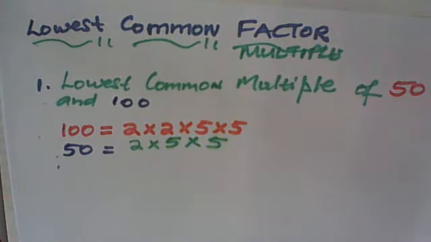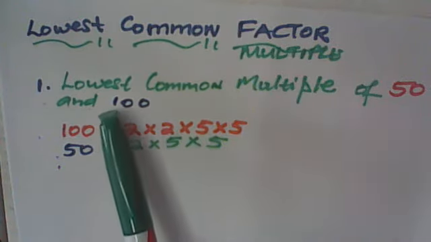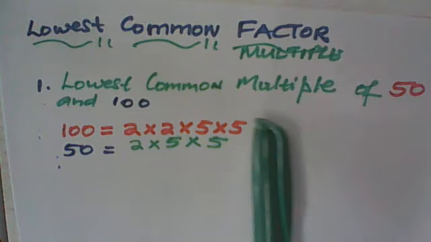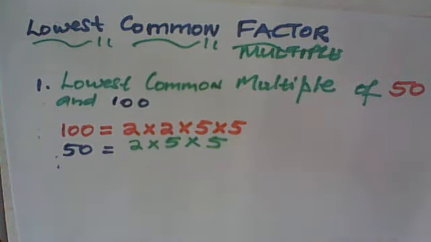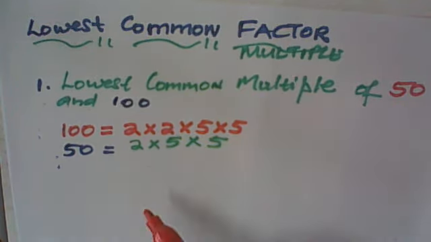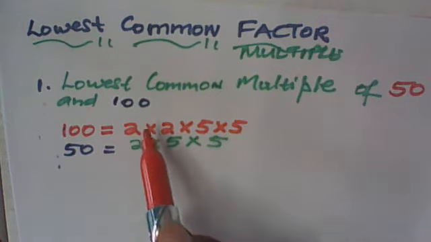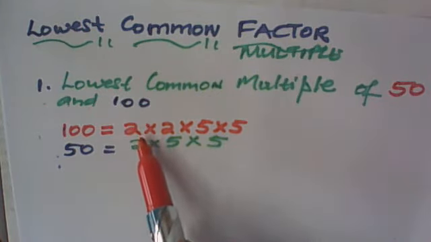So what do we do? We must find the lowest common multiple, the LCM of the two. Let us look at this.